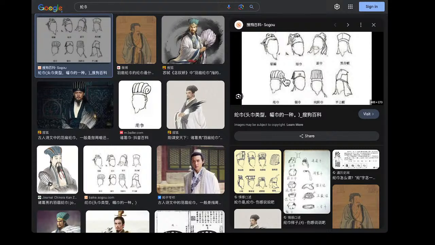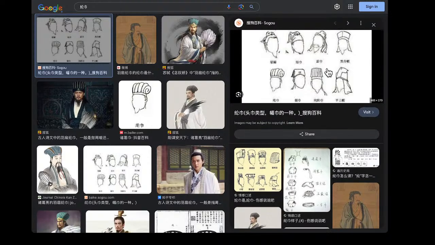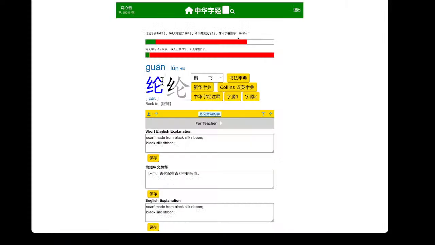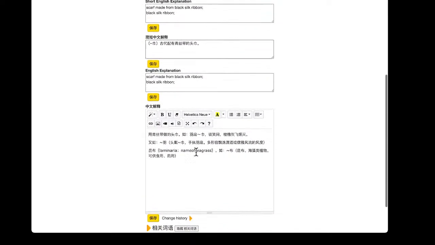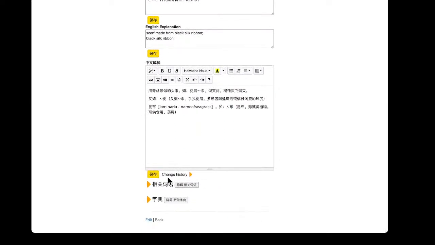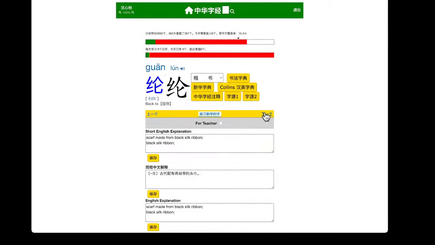This is called a 关经. There are different kinds, and they call them differently. So this is 关. When you say it, that means 关经.